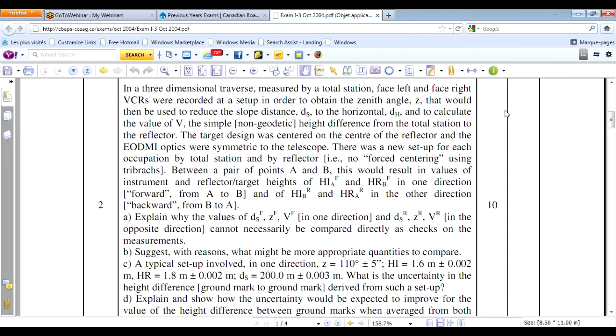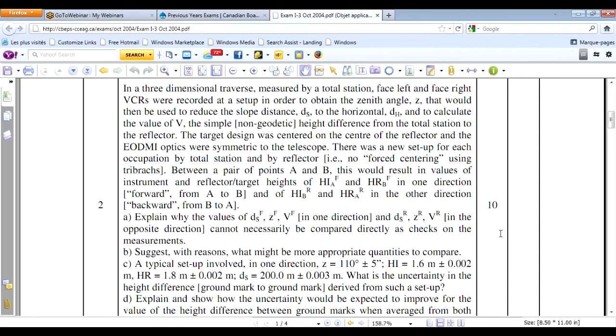So this is the one that I was just mumbling about, and there had been questions about it on the forum. So basically what's explained in the paragraph before question portion A is this business of setting up on A, sighting B, and vice versa.